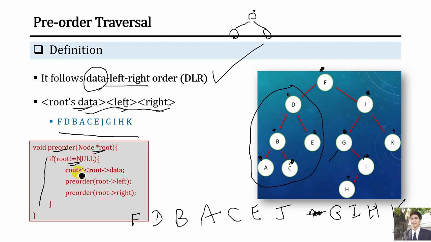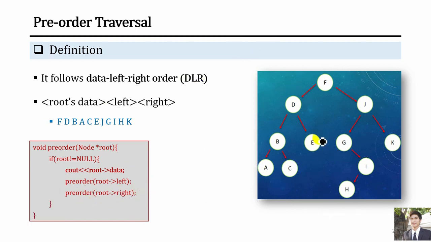Before recursing, we display our data because we meet data first, then recursive left, recursive right. So we call this function again using the recursive format, go left and then go right. This way we will access our data just like we went through together recently.